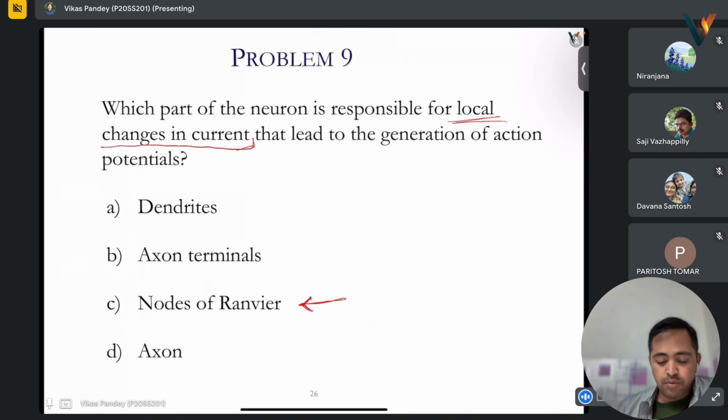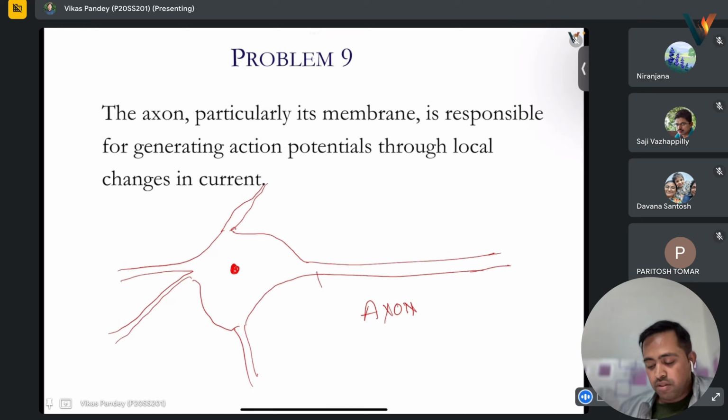The question is which part of the neuron is responsible for the local changes in current that lead to generation of the action potential. So it is the axon that is responsible for generating the action potential through local changes in current.